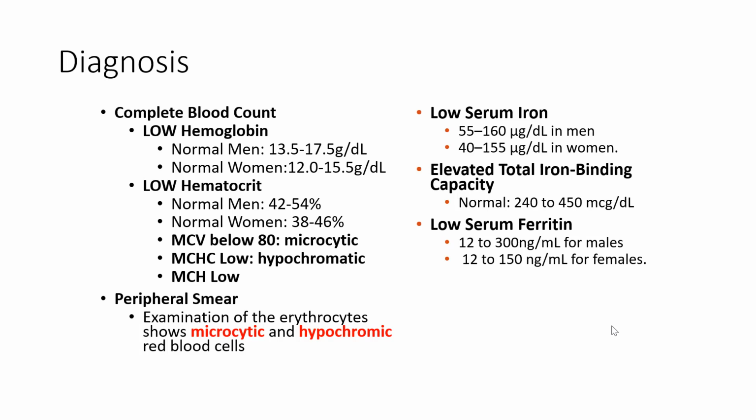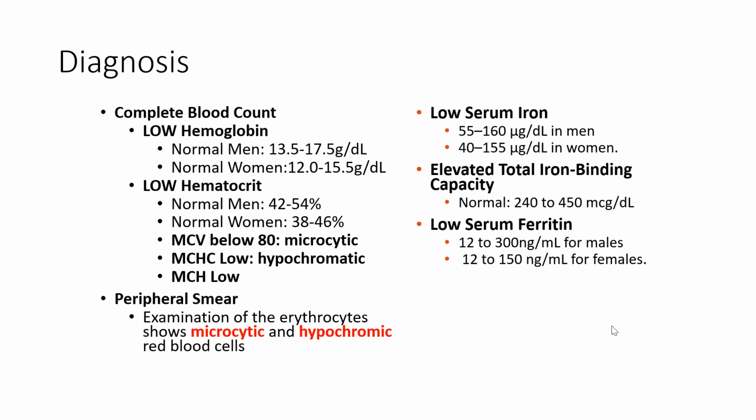It's a classic definition of microcytic IDA that the MCV is below 80 and that the MCHC, or the mean corpuscular hemoglobin concentration, will reflect a pale cell, hypochromic, due to the lack of hemoglobin on the red blood cell. And the amount of hemoglobin on the cell, or the MCH, will also be low.